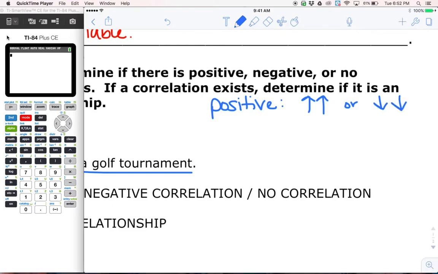For instance, the more money you make, the bigger house you have. As one goes up, the other goes up. Or the opposite: the less money you make, probably the smaller house you have. That's a positive correlation. As one grows, the other grows, or as one decreases, the other decreases.